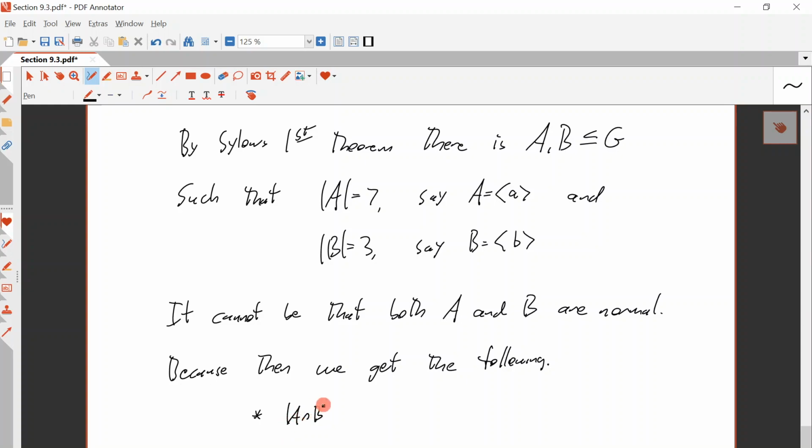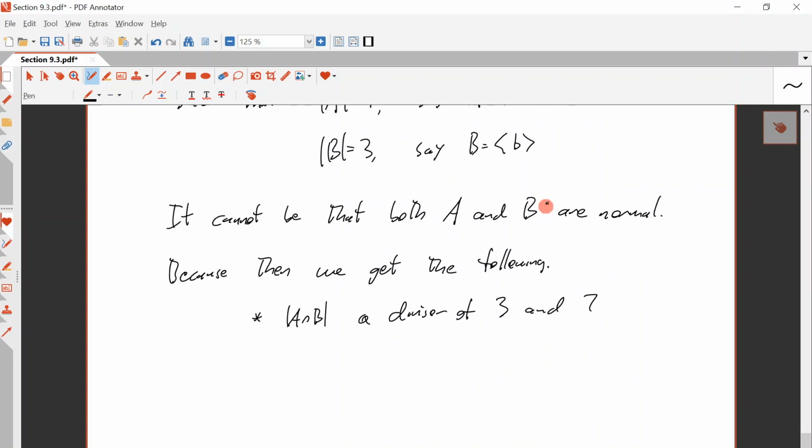The order of A intersection B is going to be a divisor of both. A intersection B is a subgroup of A, so its order divides 7, and it's also a subgroup of B, so its order divides 3.